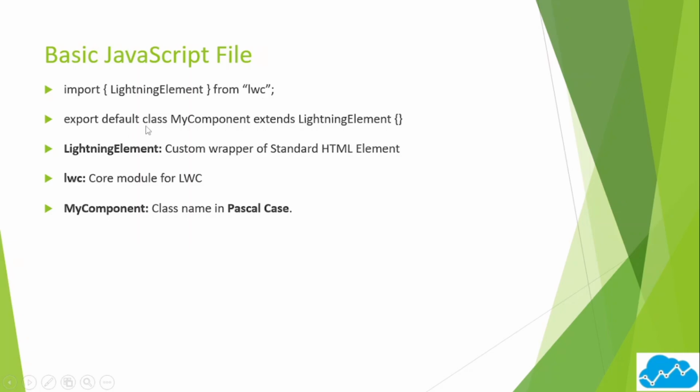Export default class MyComponent, this is the class name, extends LightningElement, and we are extending this LightningElement. So LightningElement, custom wrapper or standard HTML element. LWC is the core module for the Lightning Web Component. MyComponent is the class name in Pascal case.